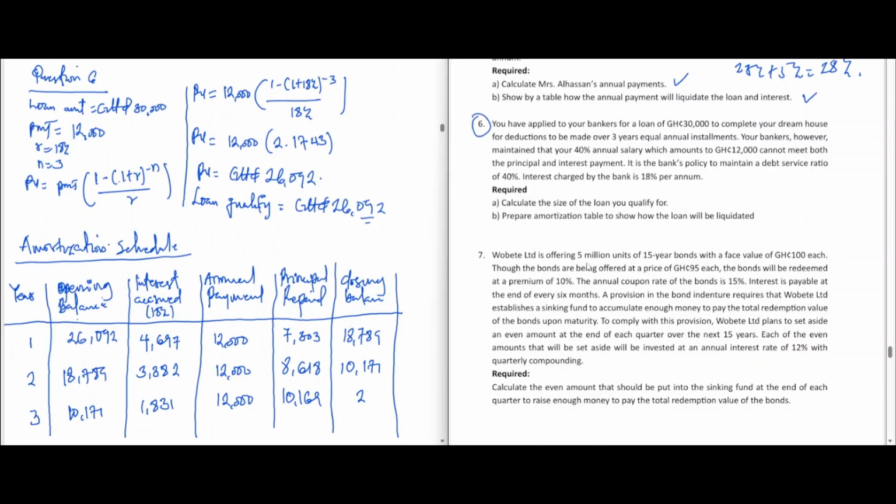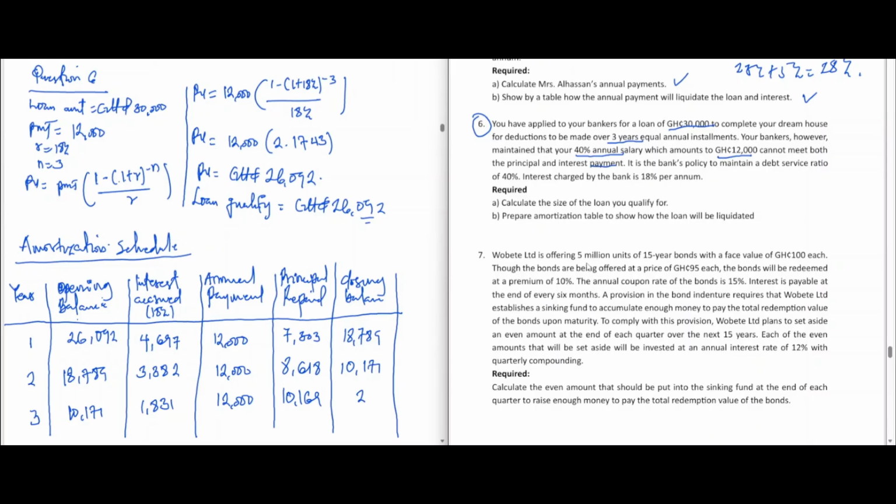So let's look at question 6. You have applied to your bankers for a loan of 30,000 to complete your dream house, for deduction to be made over 3 years in equal annual installments. Your bankers, however, maintain that your 40% annual salary, which will amount to 12,000 Ghana cedis, cannot meet both the principal and the interest payment.